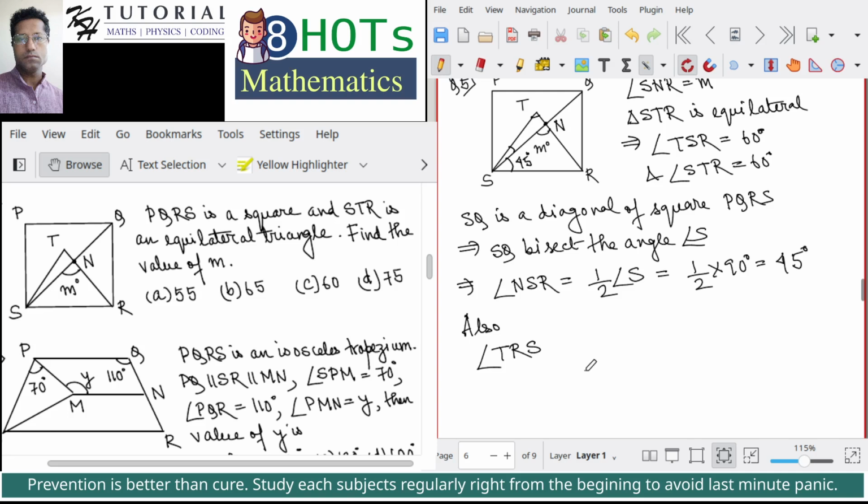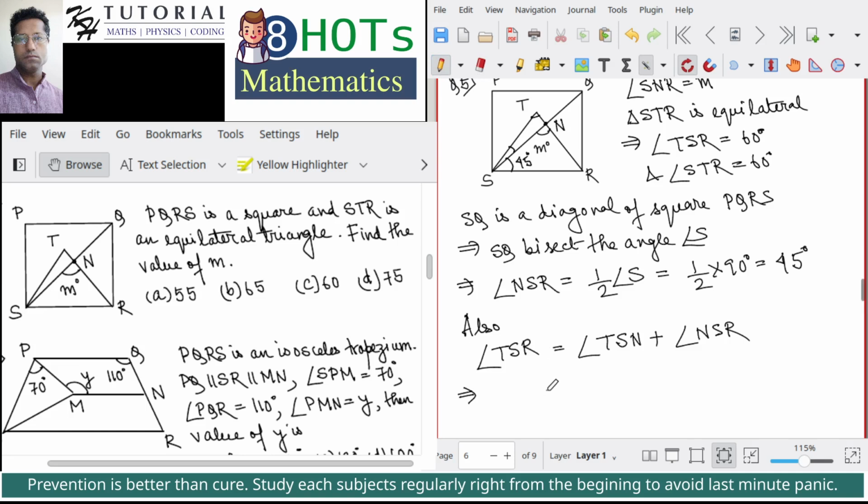This concept we have to apply to find M. So angle TSR is equal to angle TSN, the smaller part, and NSR. Sorry, this is angle TSR.